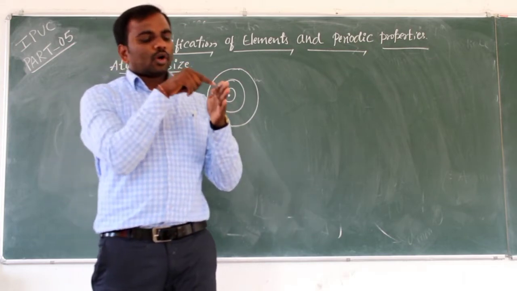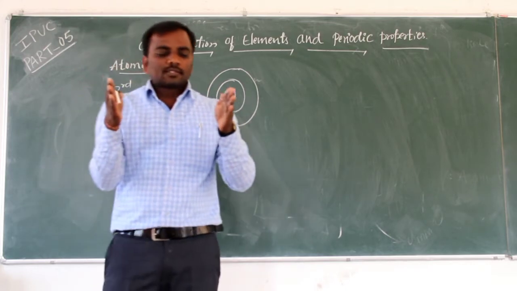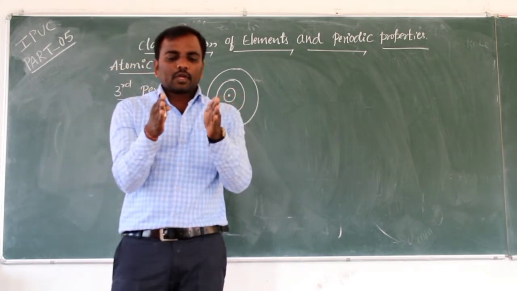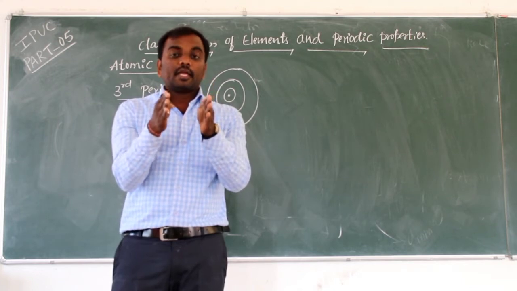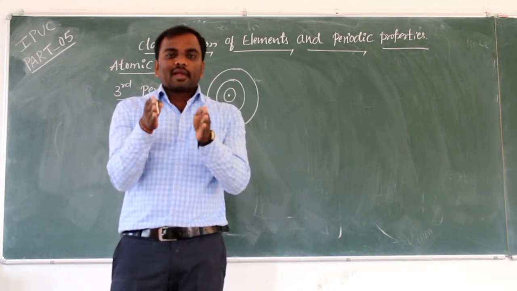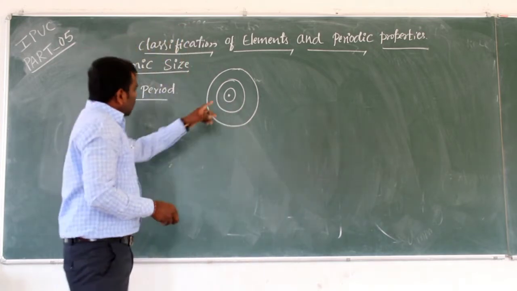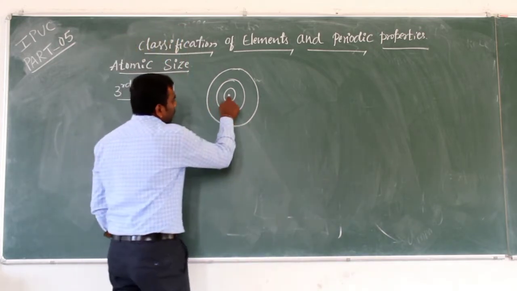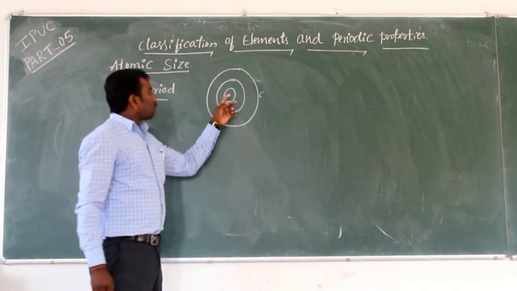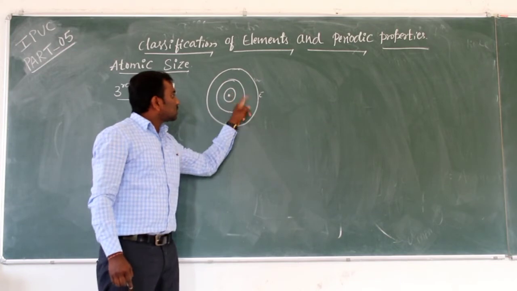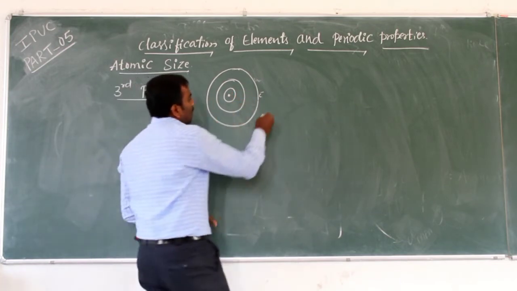If we take this as the nucleus and this as the electron, and the size decreases, the force of attraction is high between nucleus and electron, right? In this period, here is the nucleus and this is almost the electron. The force of attraction is high, right?